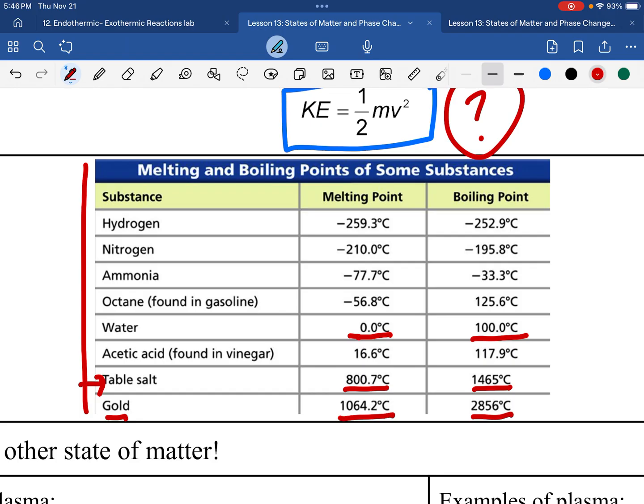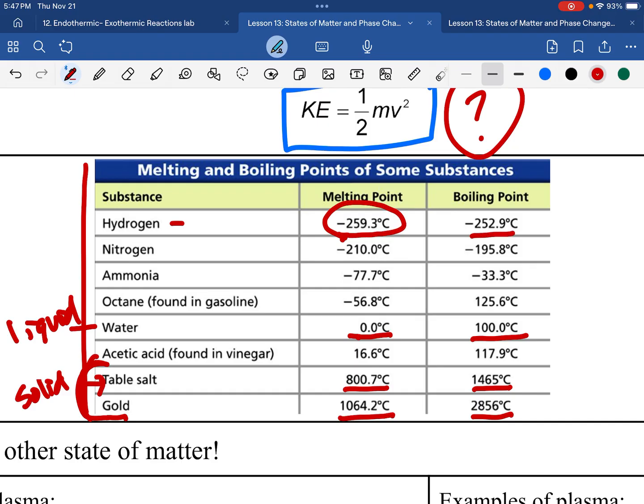But then we look at things here. These are solid at room temperature, right? Not the acetic acid, it's vinegar, and this is liquid. Now these things up here, like hydrogen, become a liquid at a very low temperature, much lower than we have on Earth naturally.